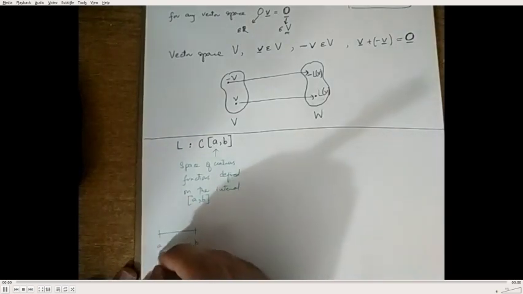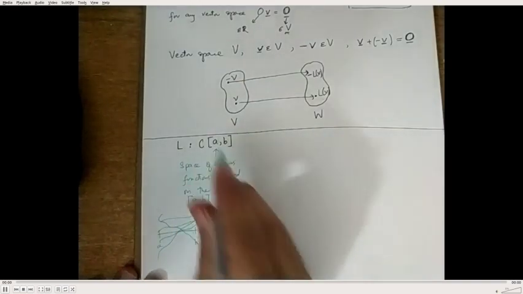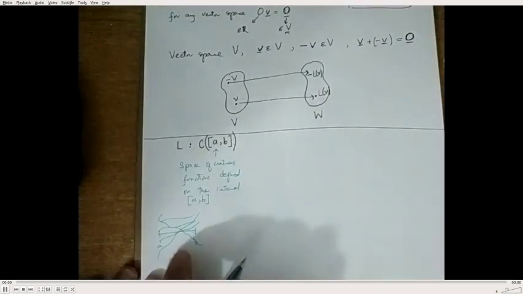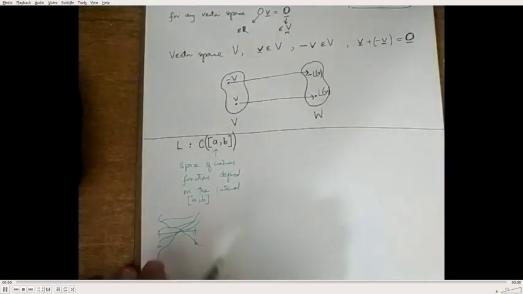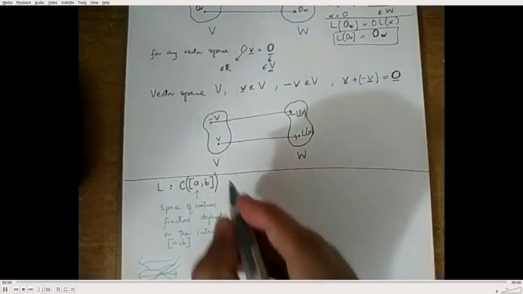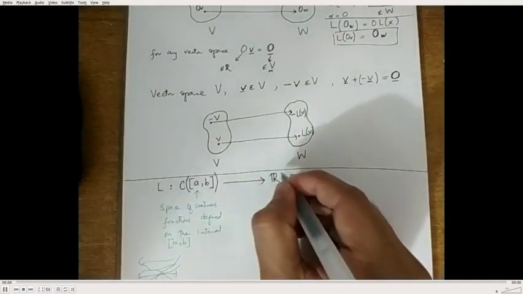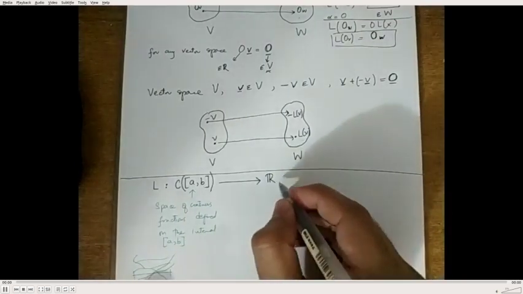Every continuous function defined within this interval is part of this space. And this is mapped onto R by the following transformation.